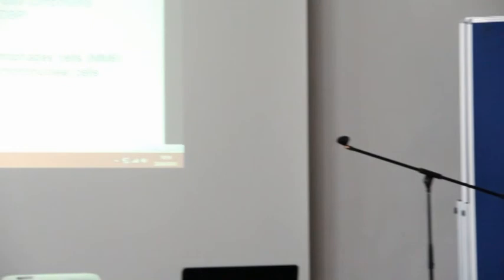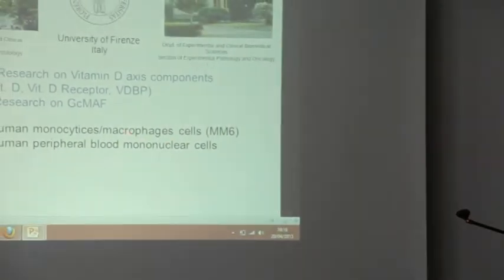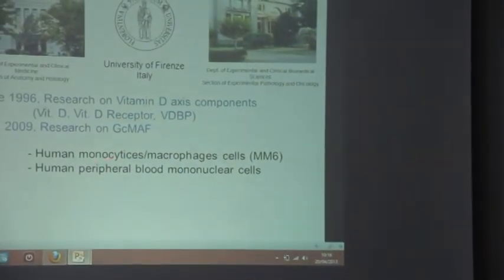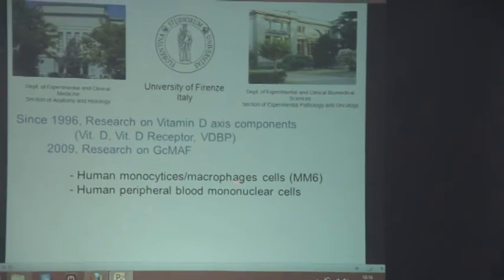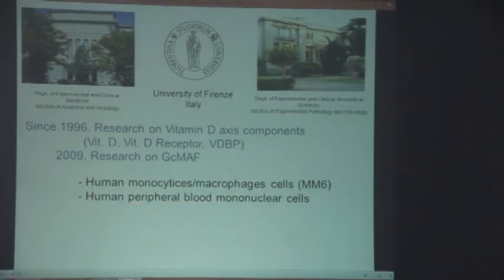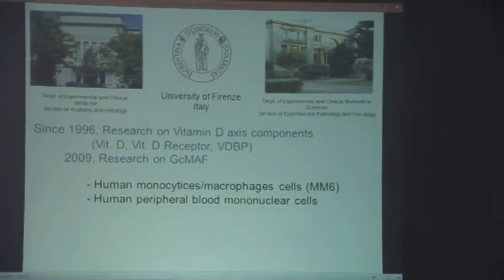First, obviously, we studied the effect of GcMAF on immune system-related cells, such as human monocytes, macrophage cells, and human peripheral blood mononuclear cells.